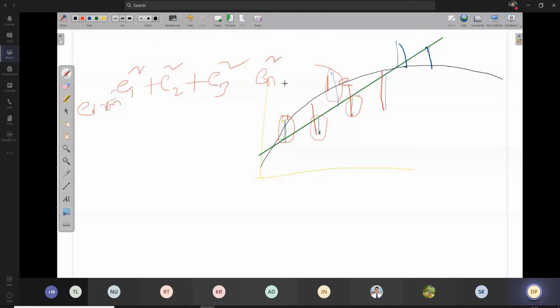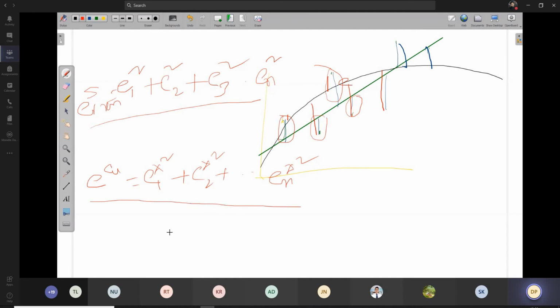Say this was the error because of the straight line, and say this is the error because of the curve line: error 1 squared plus error 2 squared plus like that error n squared. The straight line has some errors, and even the curve line still has some errors. So which one is to be chosen as the most appropriate line? Whether the straight line or the curve line, how to choose?